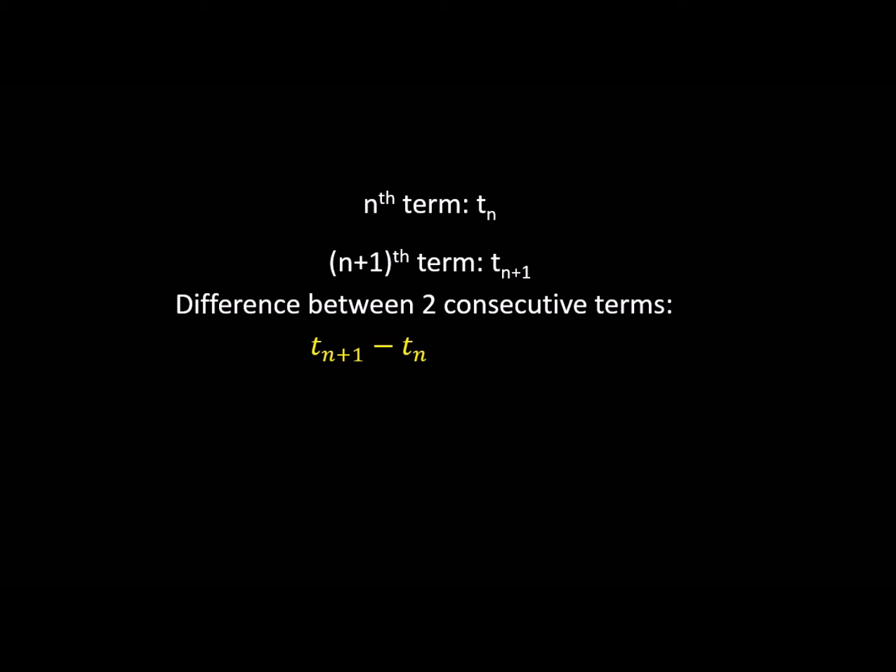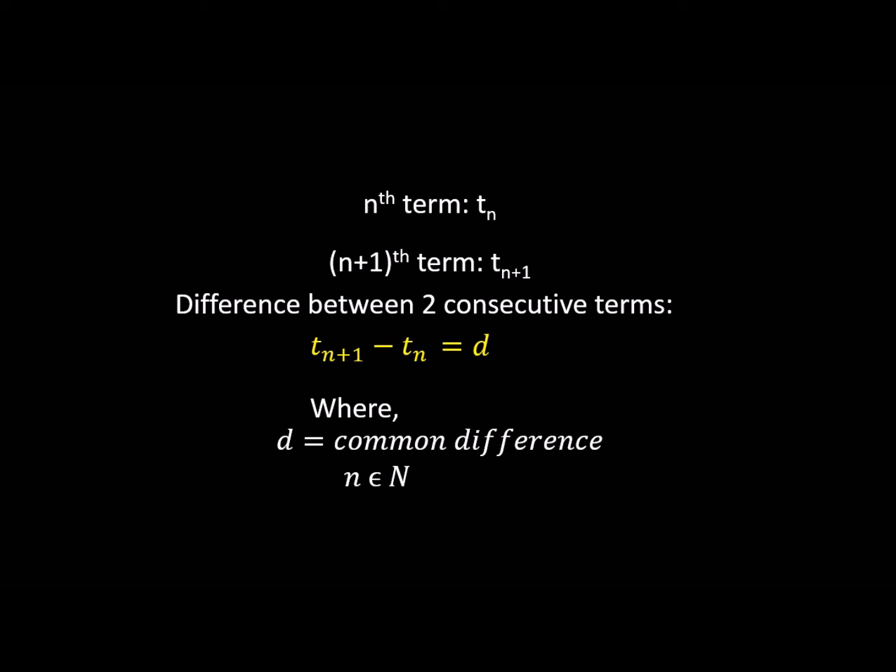If this is an arithmetic progression, then the difference would be constant, and this common difference would be equal to D. So D is the common difference, and the suffix n belongs to the set of natural numbers. So n can be any natural number from 1, 2, 3, 4 onwards.